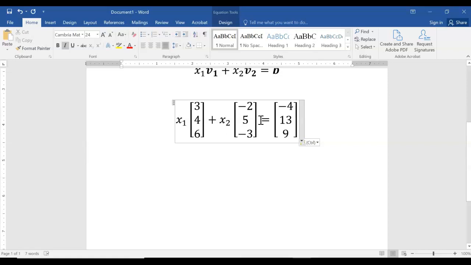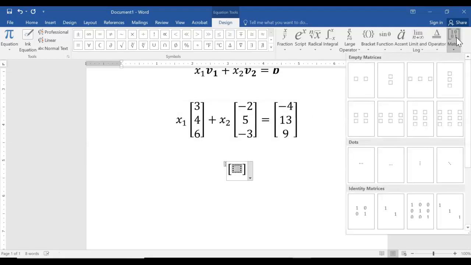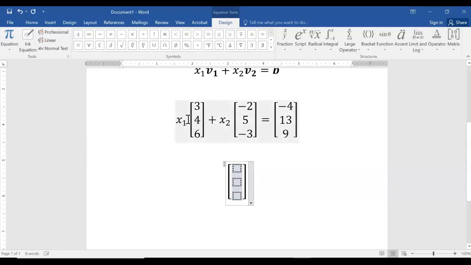The top entry on the left-hand side is x1 times 3 plus x2 times negative 2, which we can write as 3x1 minus 2x2.